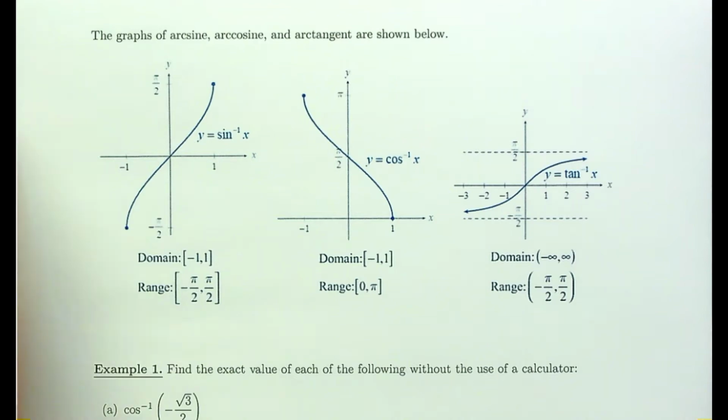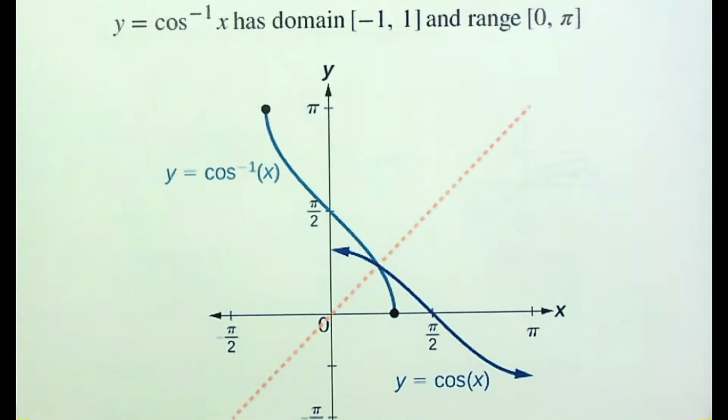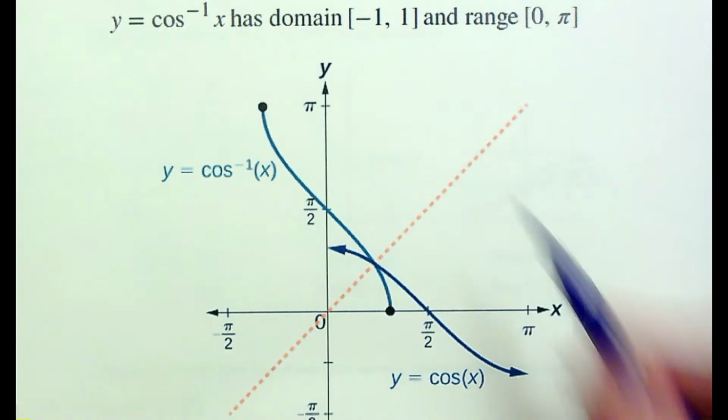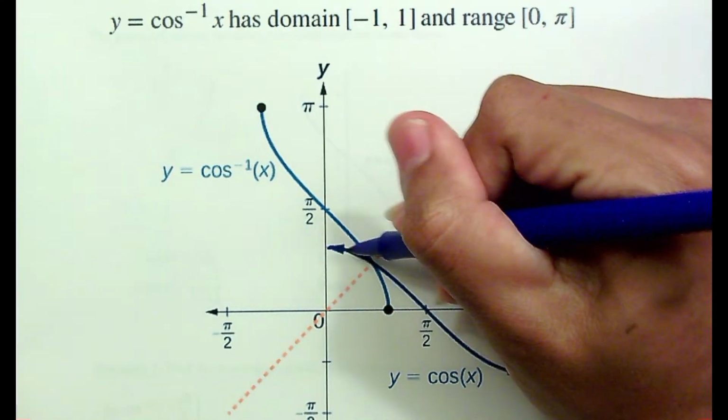Similarly, you can obtain the graph of cosine inverse. To obtain the inverse, we use the piece of the graph of cosine restricted between 0 and pi. It is this one right here.